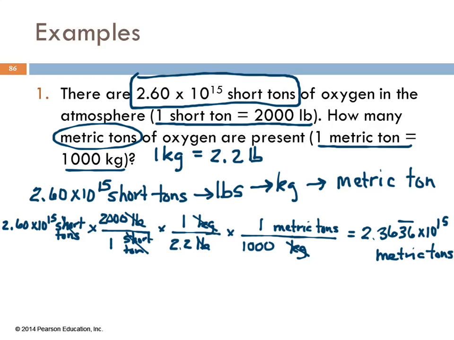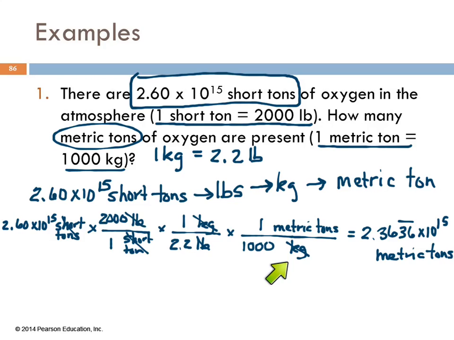A lot of conversion factors will say 1 of this equals something of that. What they're saying is exactly 1 is equal to about 2.2. So this 1 we don't have to think about, but the 2.2 is only 2 sig figs, so that's going to limit our answer.